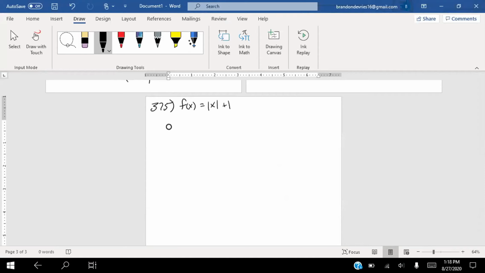Okay. What numbers do we want to plug in for this? Any of them, I'm pretty sure. You can plug in -1, 0, and 1 again if you want, or you could do -2, 0, and 2. Yeah, let's do -2, 0, and 2.